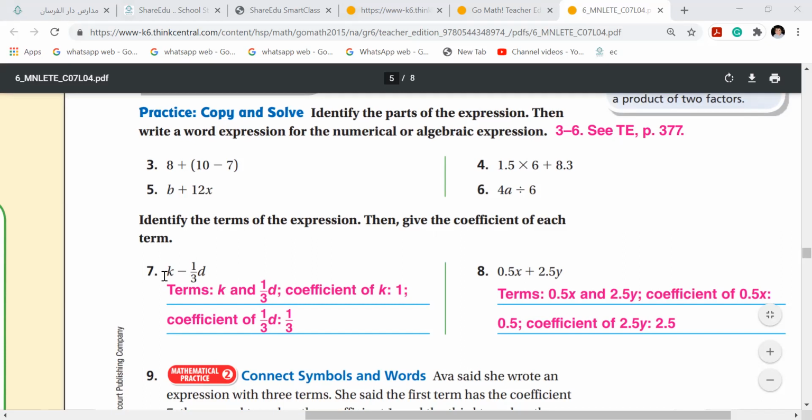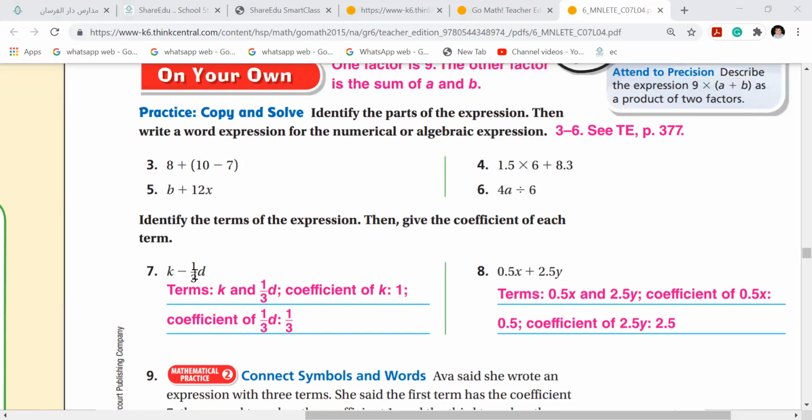For K, there is nothing beside it, so the coefficient is 1. For D, what is the coefficient? 1/3. What are the terms? 0.5x and 2.5y. What are the coefficients for x? 0.5. And for y, it is 2.5.